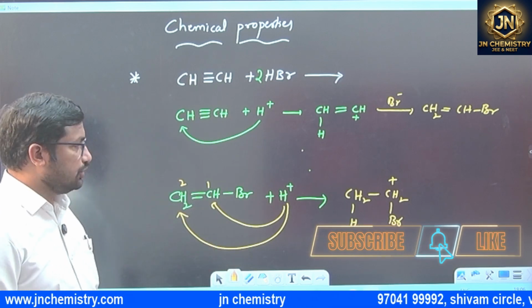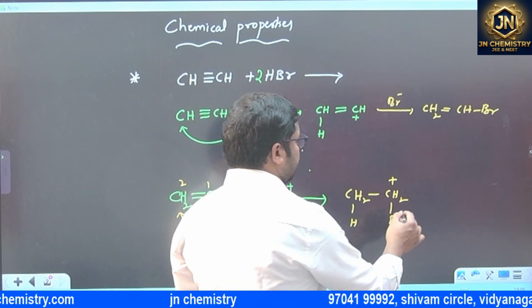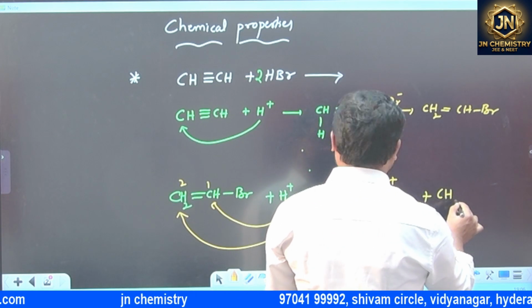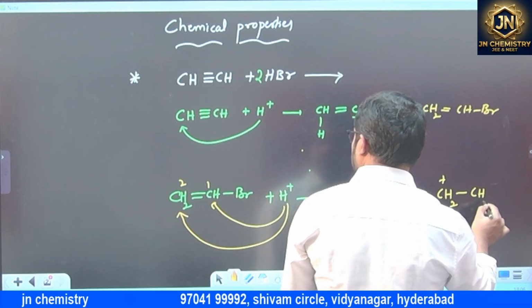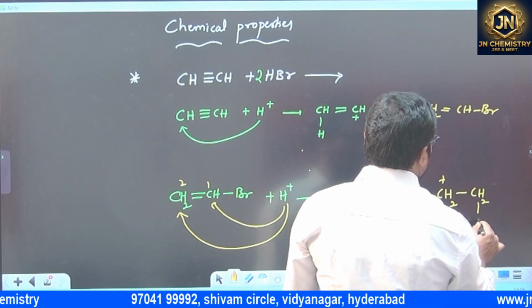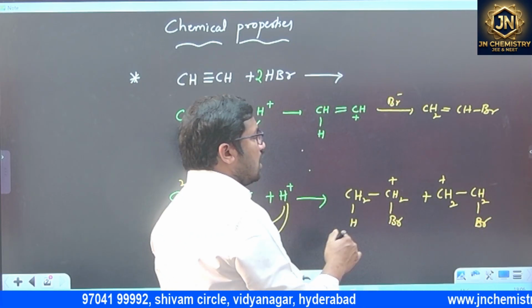If it attacks the second position, we get the other carbocation. Now two carbocations are forming.